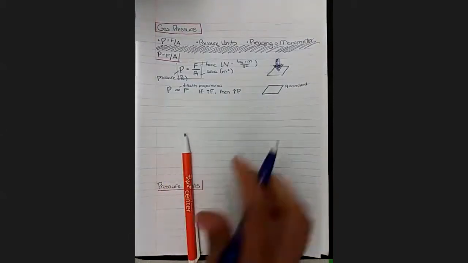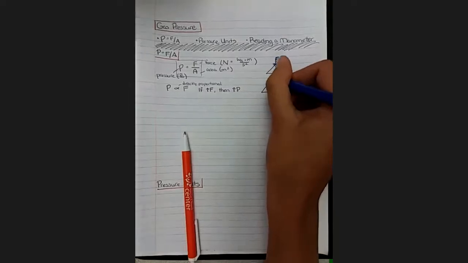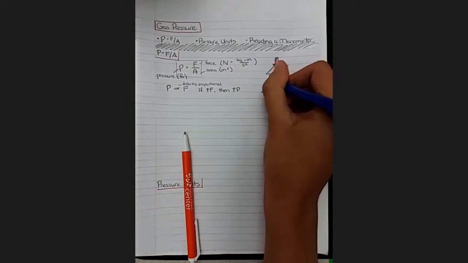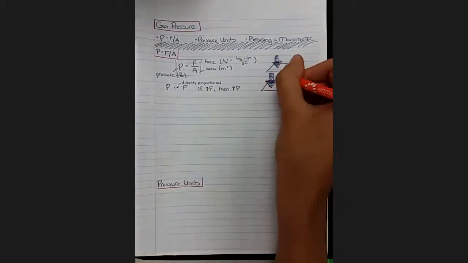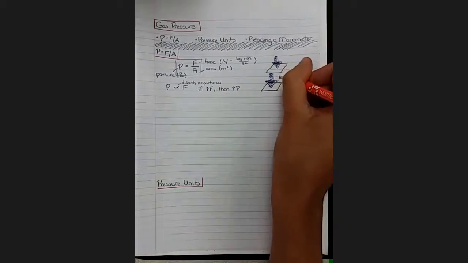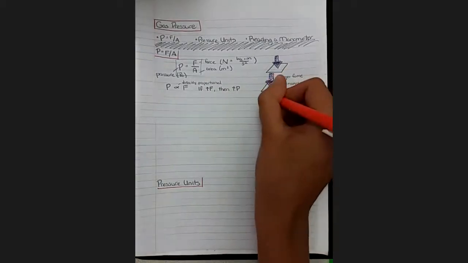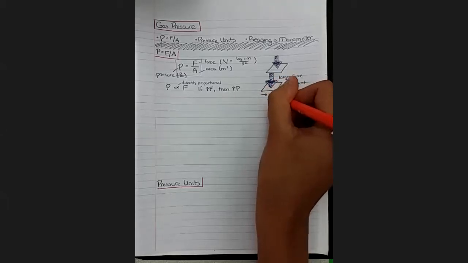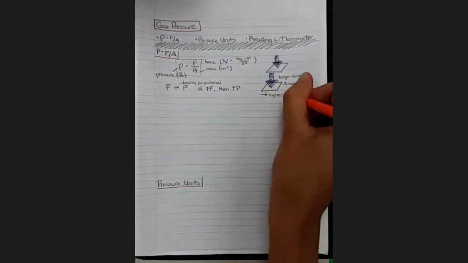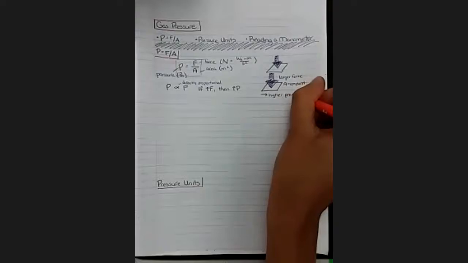If we increase the force, we make a bigger arrow on our picture, a little wider, a little fatter. So if we use a larger force and the area is constant, that is going to result in a larger pressure. So those two variables move together in the same direction.